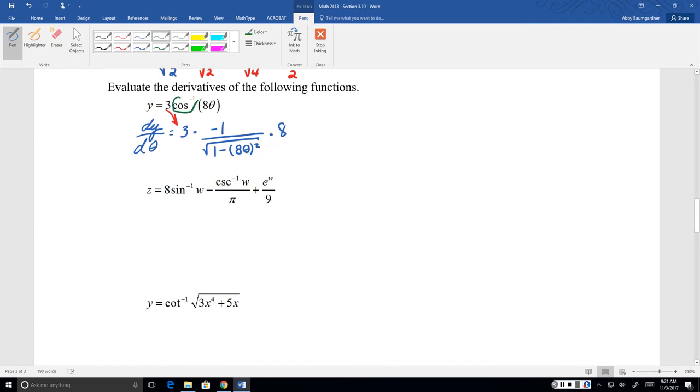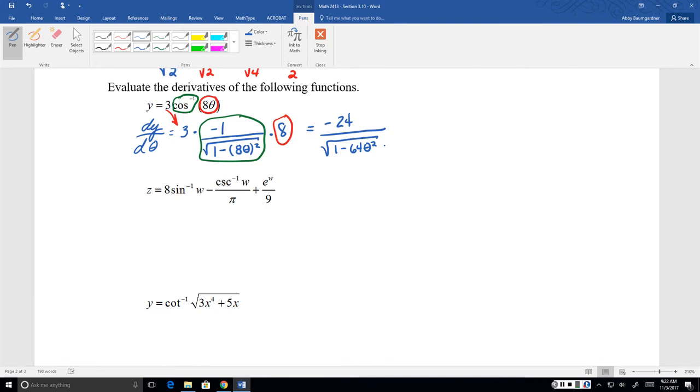We want to take the derivative of the outer piece, so that's here, and multiply it by the derivative of the inside, so that's here. Clean this up. So you'd get a negative 24 divided by the square root of 1 minus 64 theta squared. And you're done.